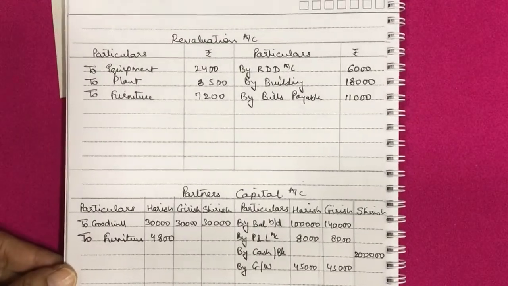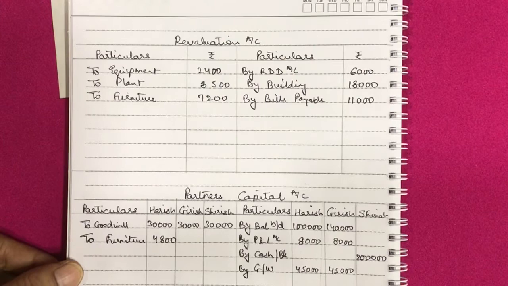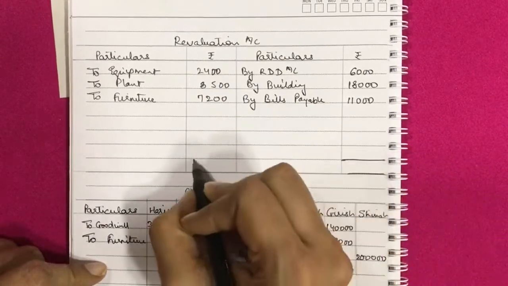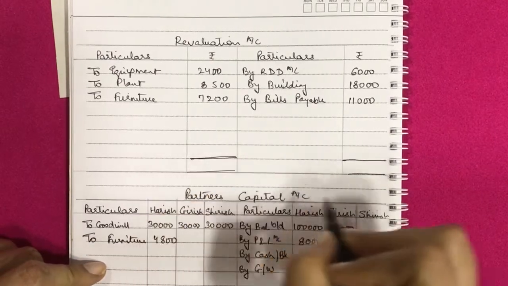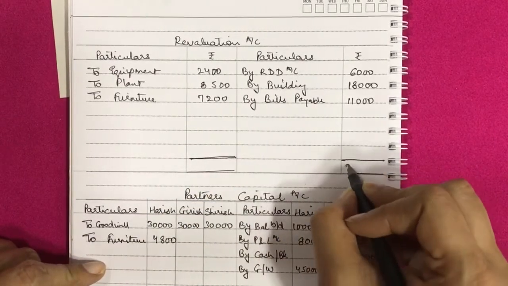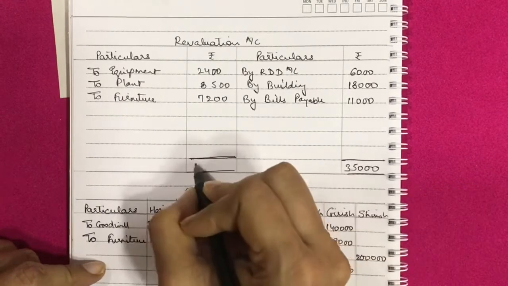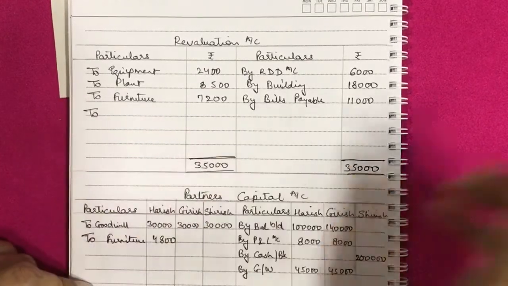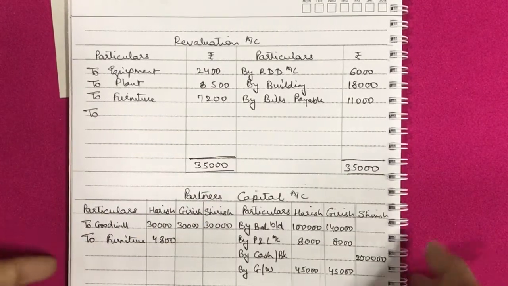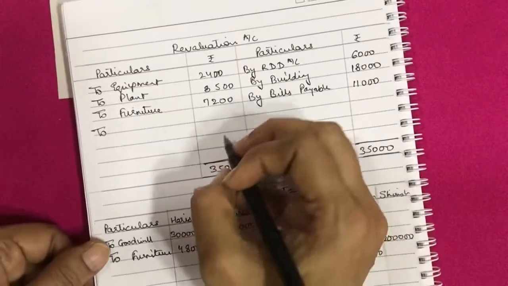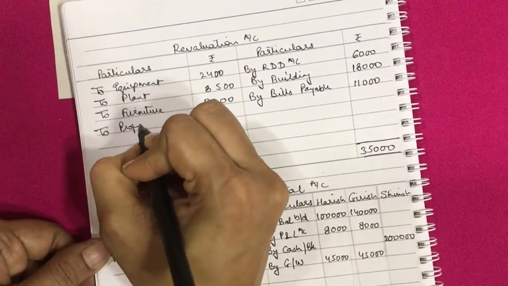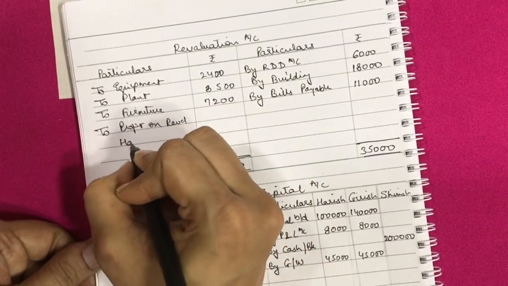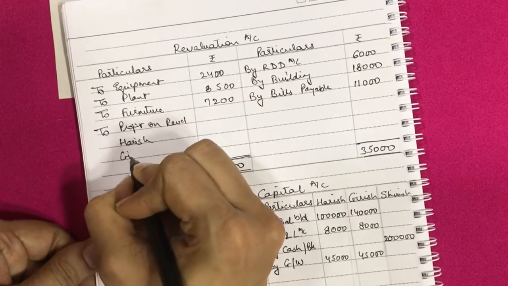Now let's balance our revaluation account. So the total comes to 35,000. So what is the profit? 16,900. To profit on revaluation transferred to, who are the partners? Harish and Girish.